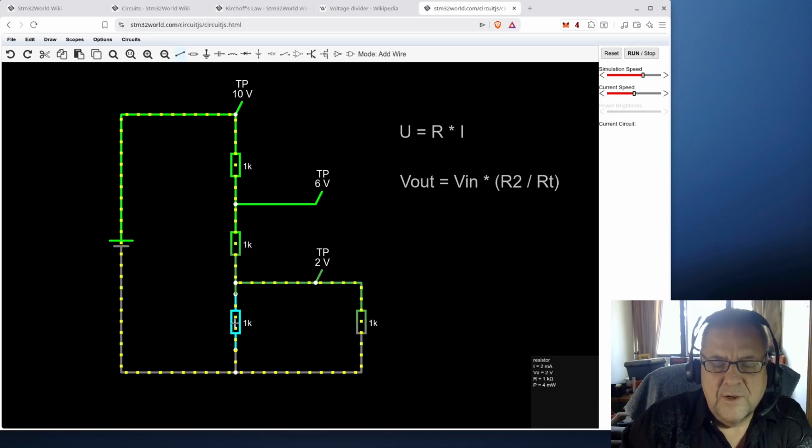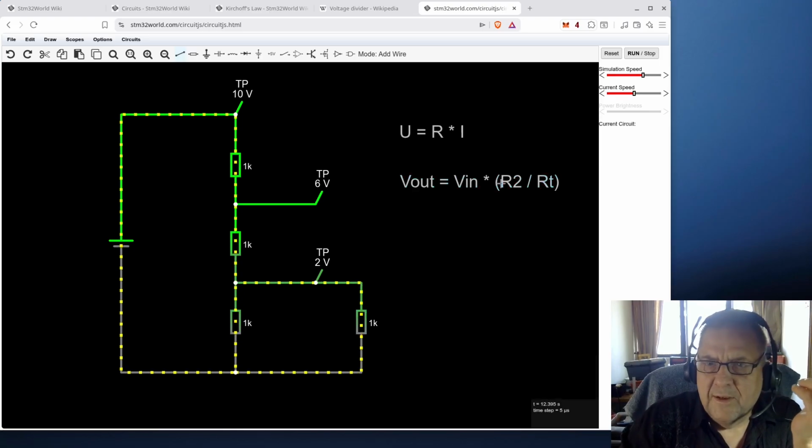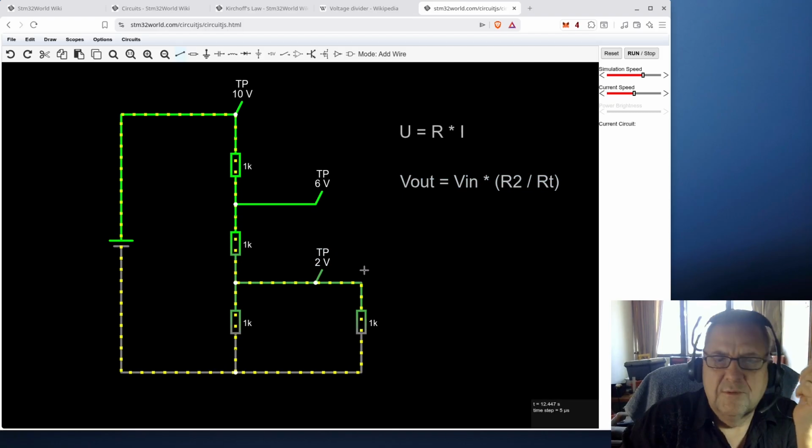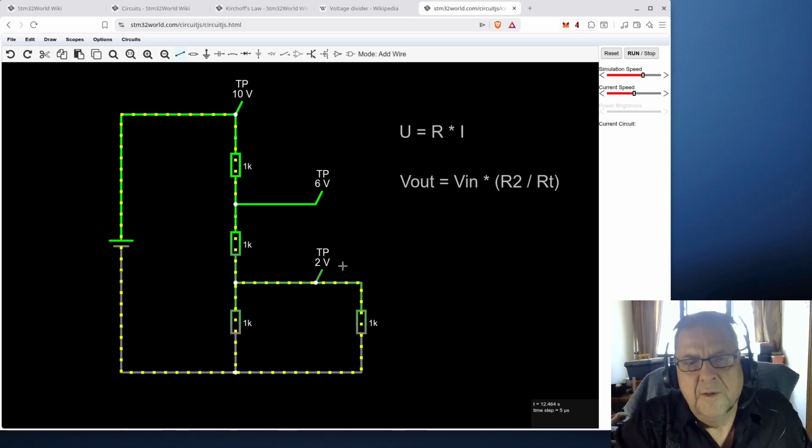So we are talking about half a K, 500 ohms down here, so we end up with 2,500 in total. And if we look at 500 divided by 2,500 times Vin, it's 1/5, right?